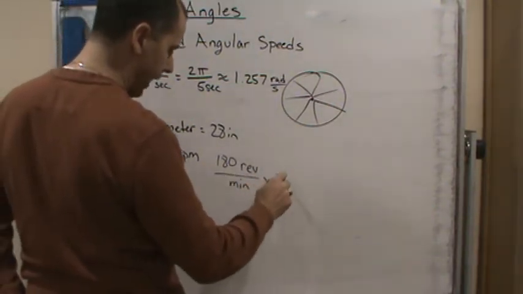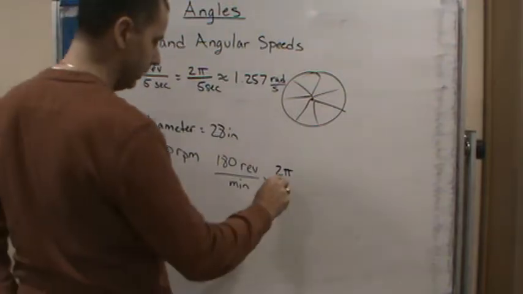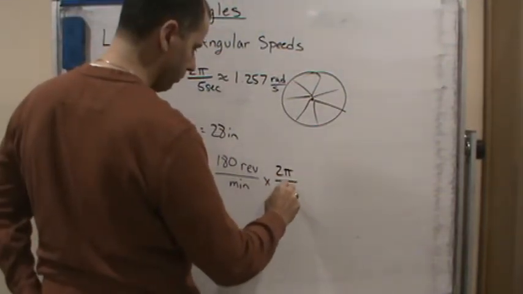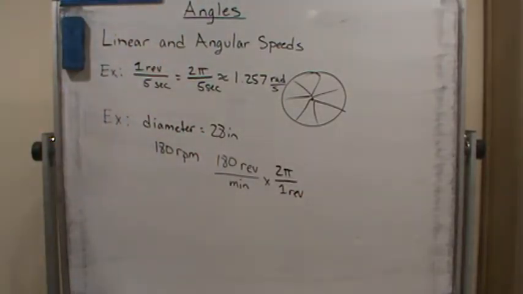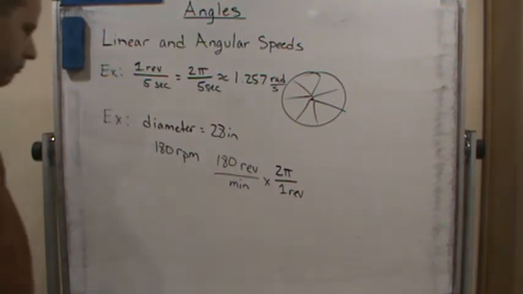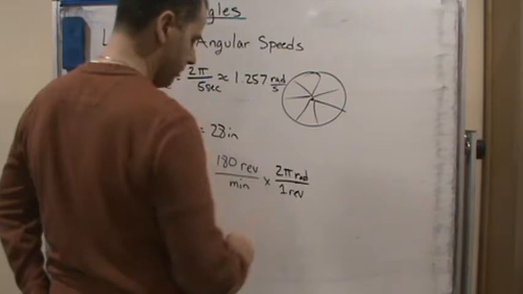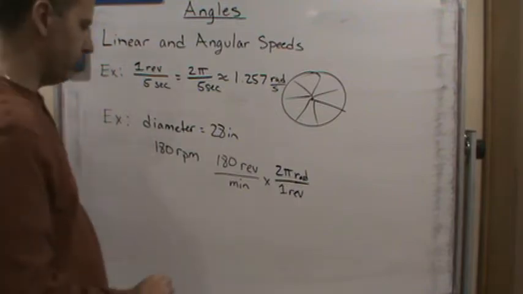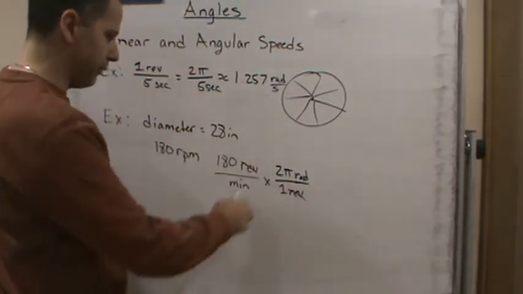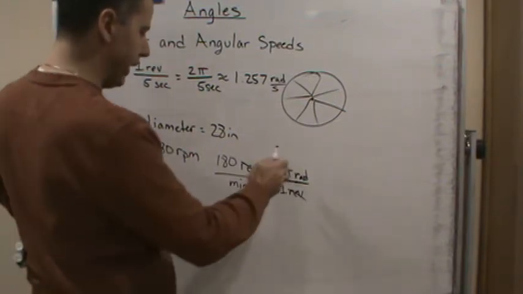I know that 2 pi radians is equal to 1 revolution, so I'm going to use my unit ratios. 2 pi radians per revolution, so revolutions cancels with revolutions. Now I've got radians per minute, but I need radians per hour.